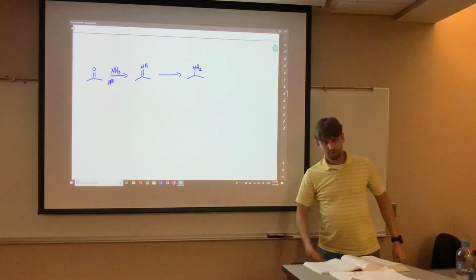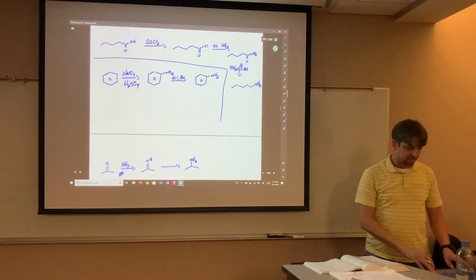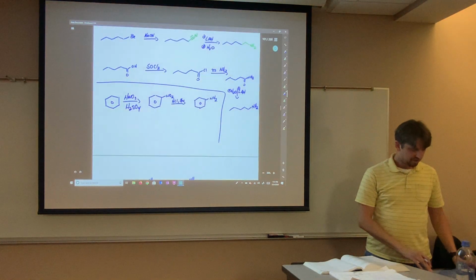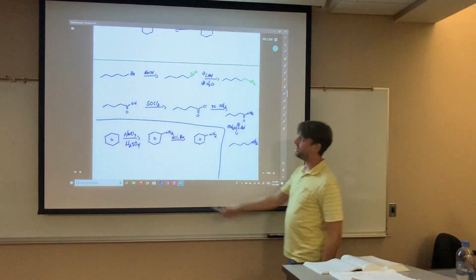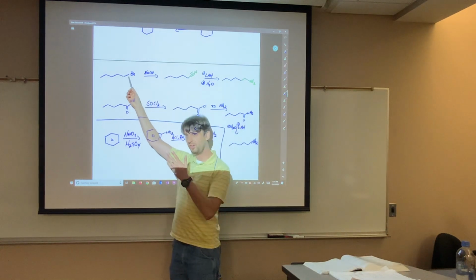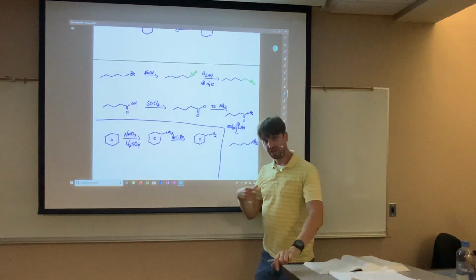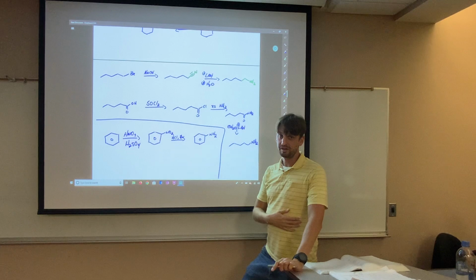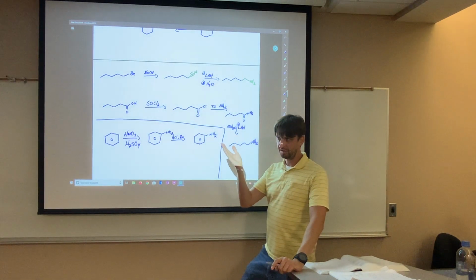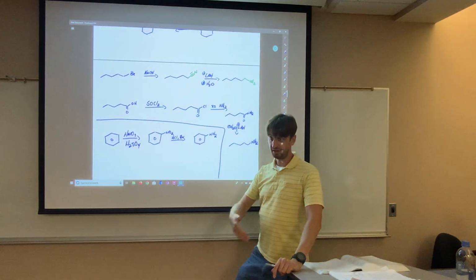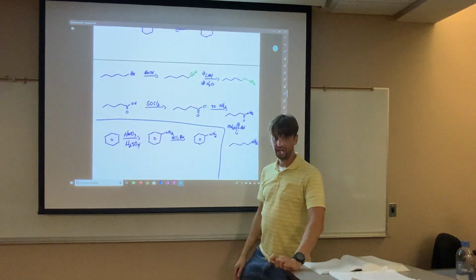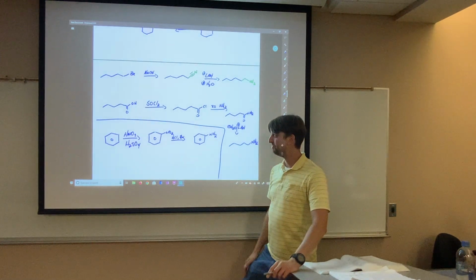Get to the point. Well, take a look at what some of the limitations are with the other methods that we have. So what's the limitation of this route? Well, we have to be able to do an SN2 reaction. Now, where do SN2 reactions work? Primarily at primary alkyl halides, or primary leaving groups.